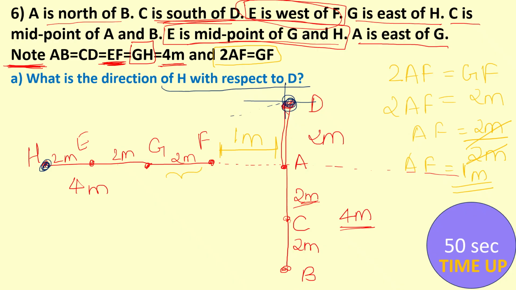This is west and this side will be south. So it is southwest. So the answer will be southwest. Direction of H with respect to D will be southwest. Hope you got this correct.